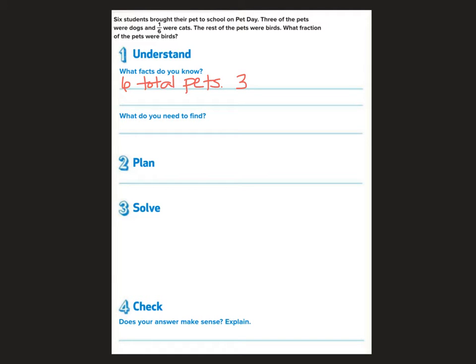3 are dogs. 1/6 are cats. And the rest are birds.